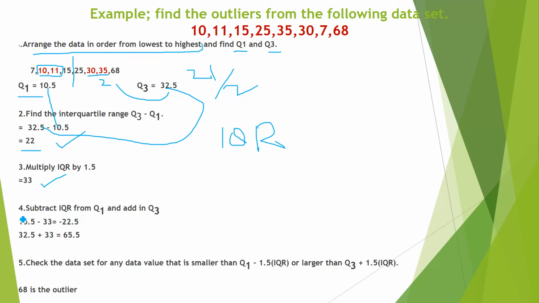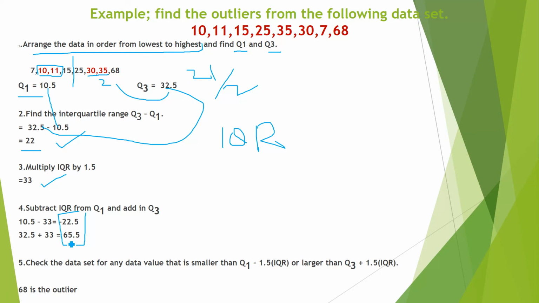In the fourth step, you have to subtract this 33 from Q1 and add 33 to Q3. So 10.5 minus 33 is equal to minus 22.5, and then Q3 plus step 3, which is equal to 65.5. So with the help of this range, minus 22.5 to 65.5, you have to find out the outliers.